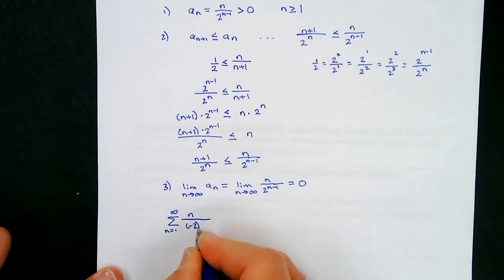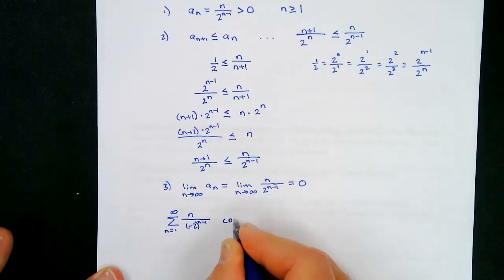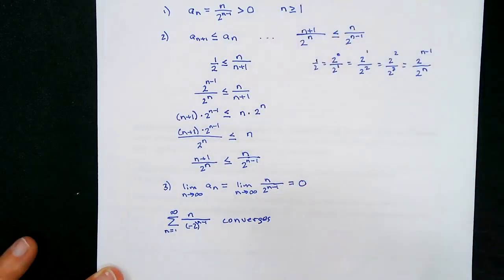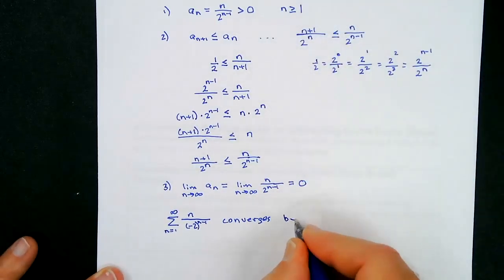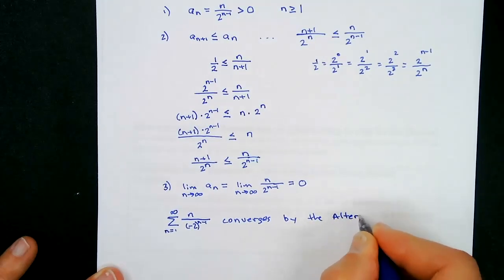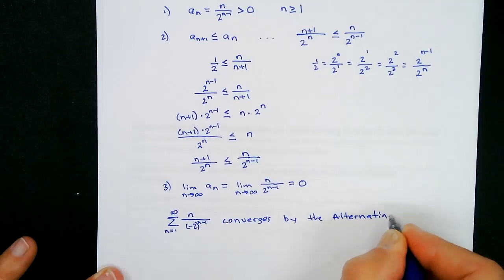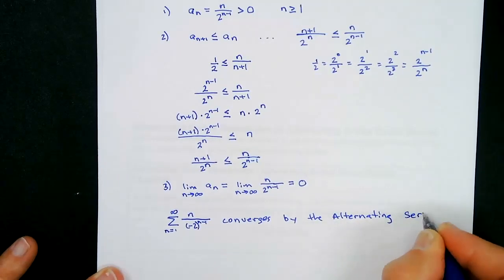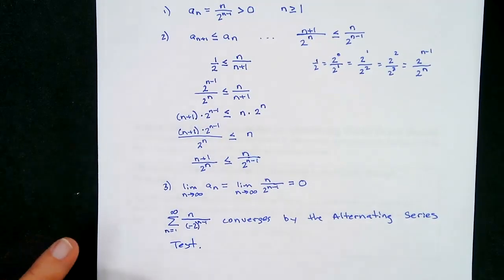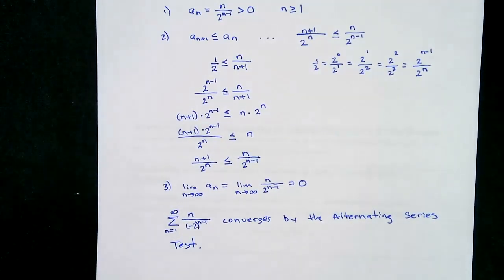Because our original series was -2 raised to the n-1 power, converges, because we've established these three things, by the alternating series test. And so that's how we know it converges, okay?